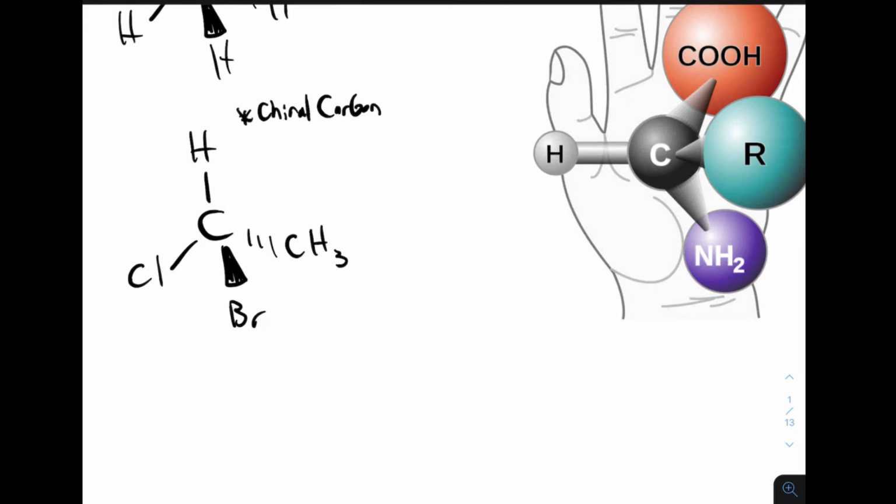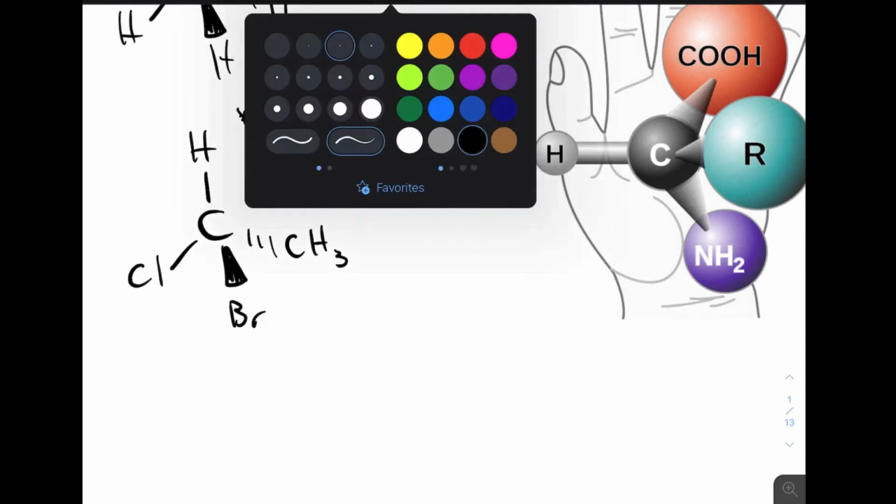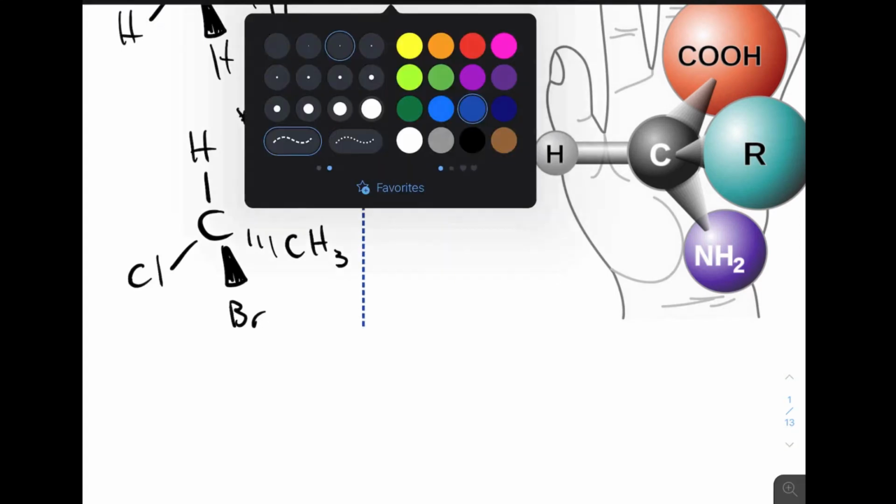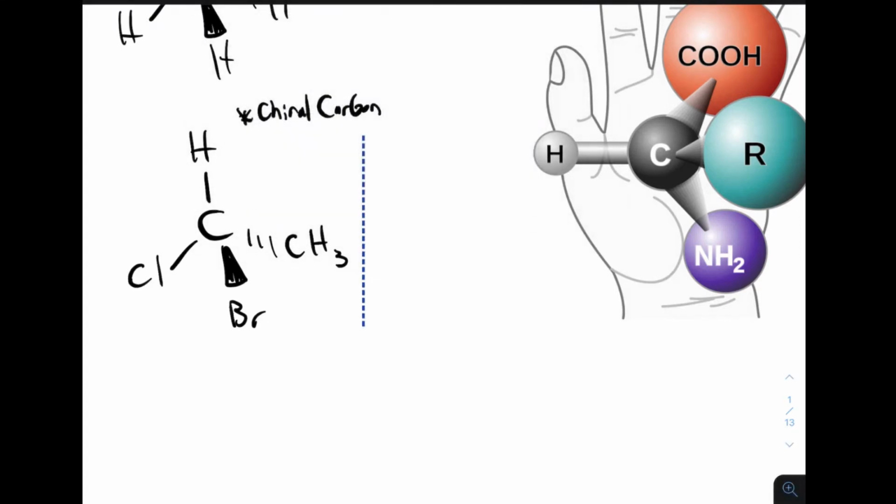And when we're talking about chirality, we can also think about it as handedness, like a left hand and a right hand. So if we were to take the mirror image of this molecule here and draw out the other image of it, kind of looking at it like we're looking right at a mirror, these are actually different molecules now.